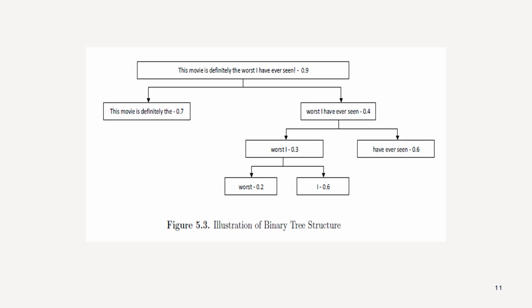The sentiment scoring process is illustrated using a binary tree structure where each node represents a phrase or a subphrase, and the branches represent the sentiment score. This tree structure helps visualize how sentiment analysis assigns scores based on the context and composition of the text.